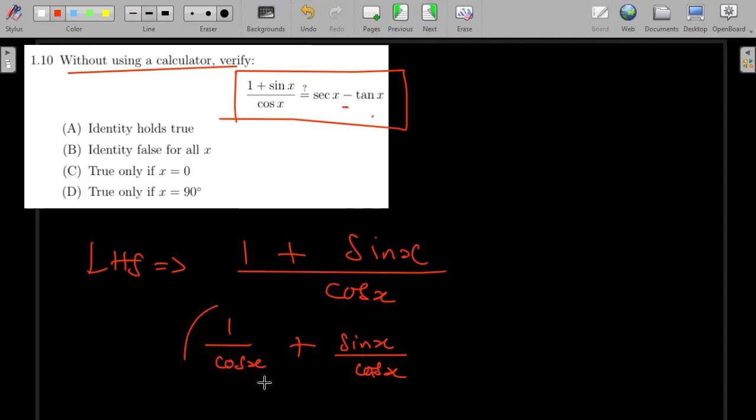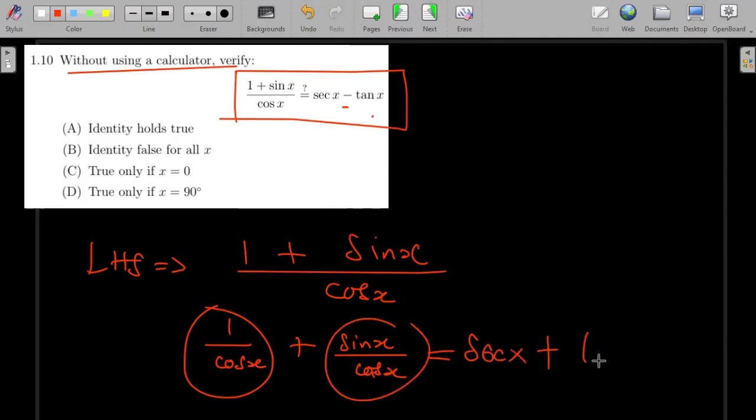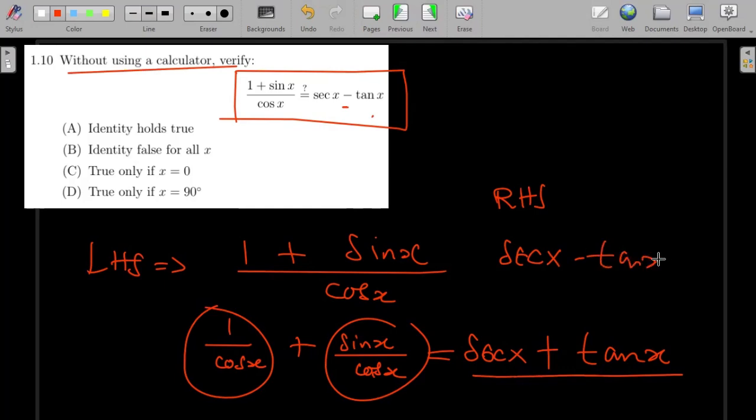No, because this in itself is just sec x, and then plus, this we know is tan x. So on the left-hand side, we have sec x plus tan x, but on the right we have sec x minus tan x. We see that these two are not equal.